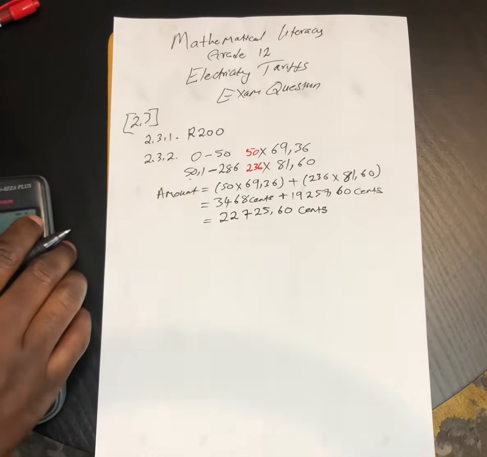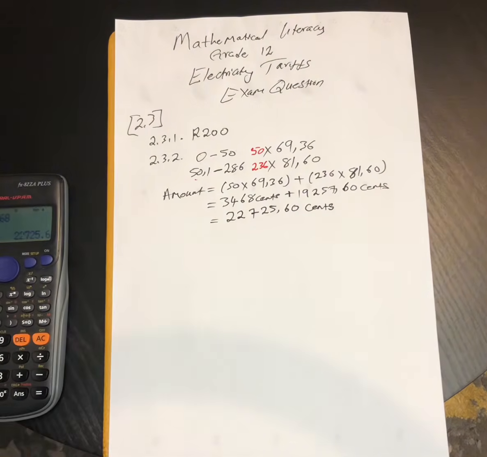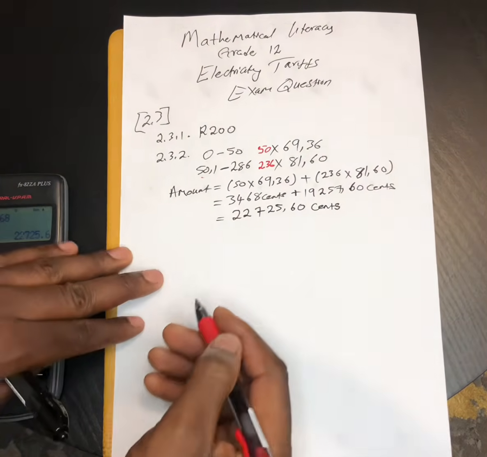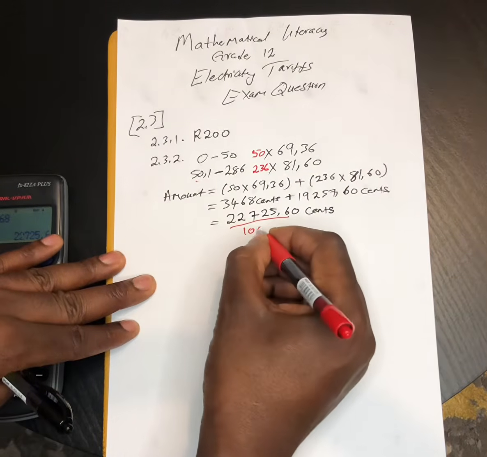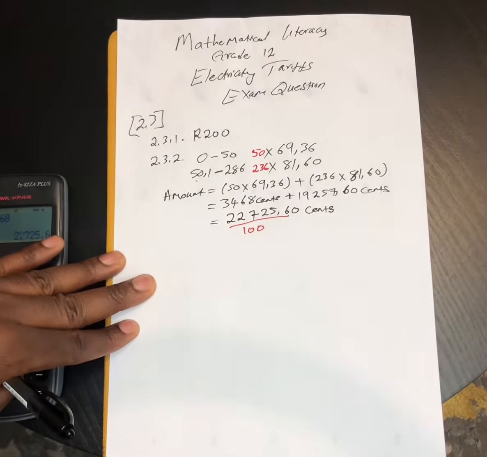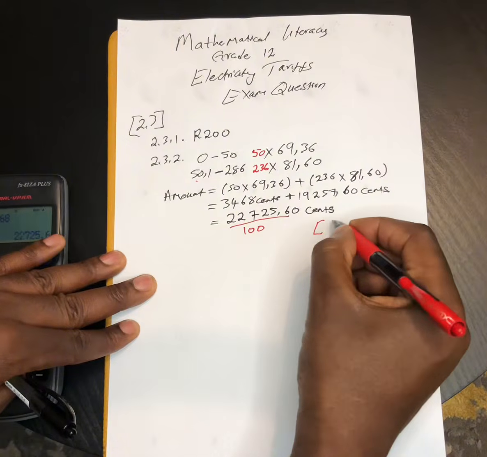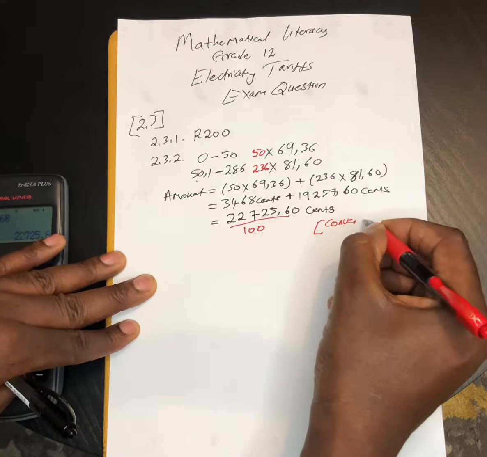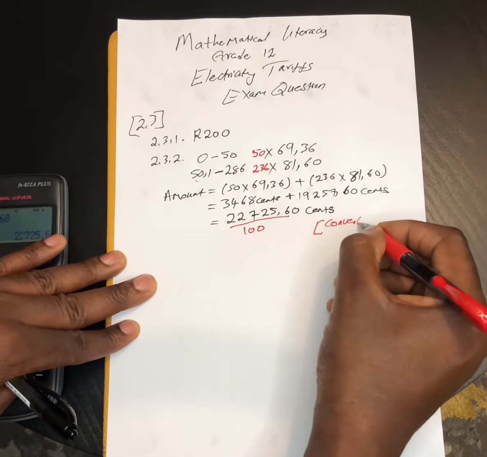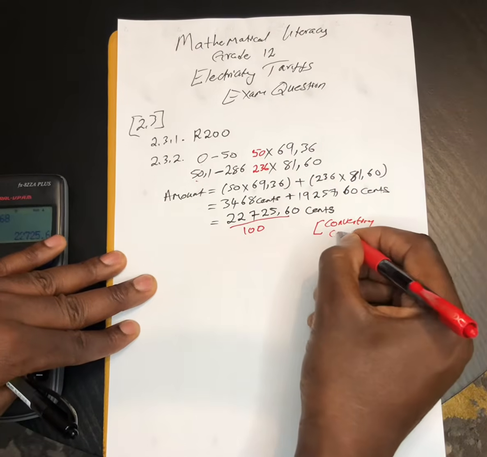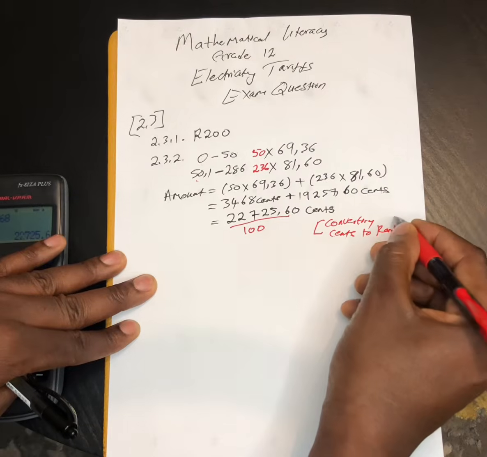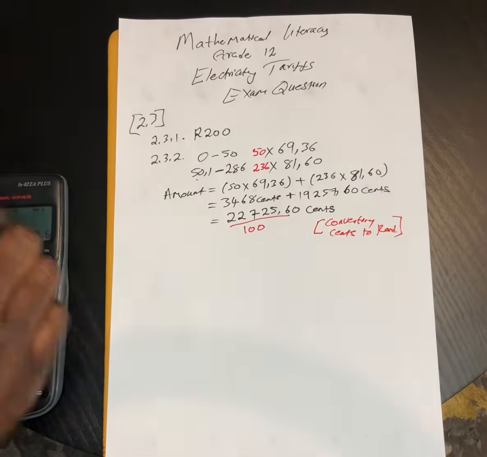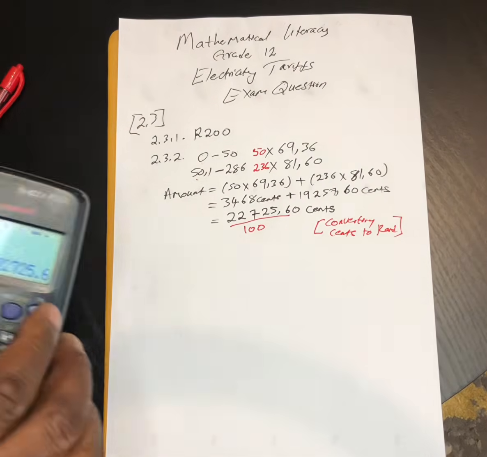So the prices here are in cents, so we can just divide this by 100. When we divide by 100, we are converting cents to rands. When you convert cents to rands, you divide by 100.